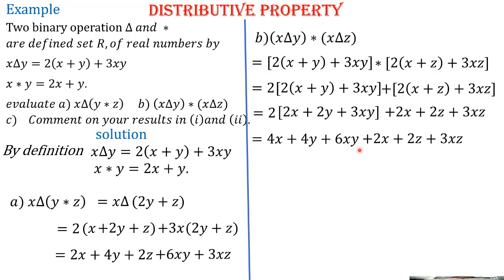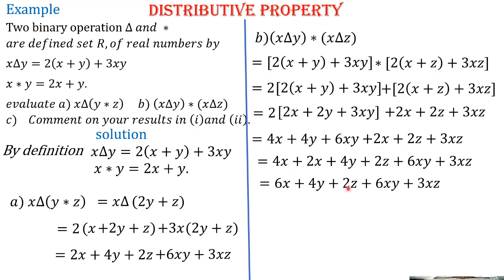Okay. So now we can simplify further. So 2s plus this 4s plus 2s. So I think that one can be simplified further. So as we group the items, 2s plus 4s plus 2s, therefore, our final answer is 6s plus 4y plus 2z plus 6s.